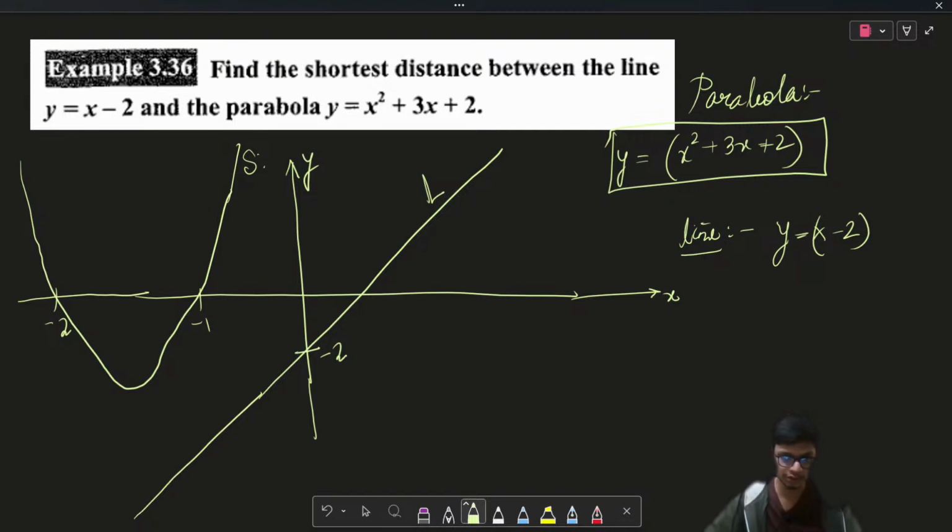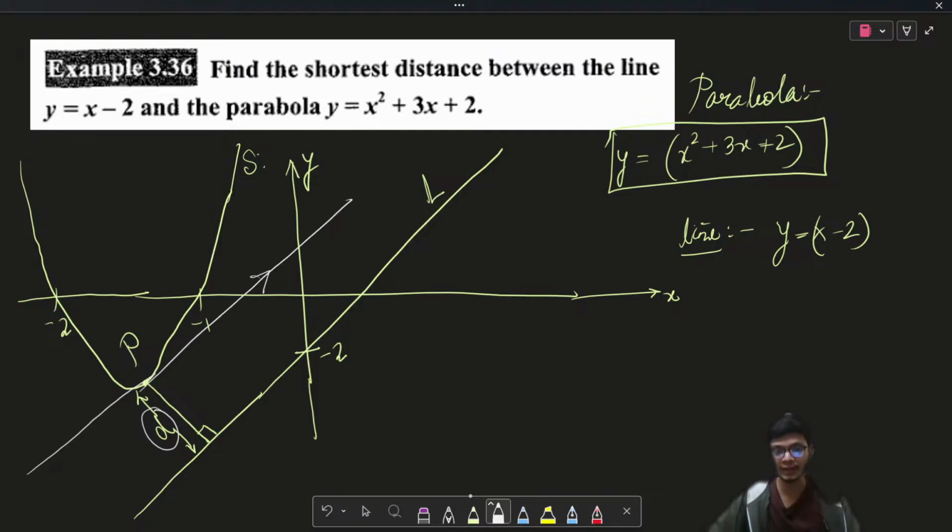So if I want to find the shortest distance, then it will be such that if I take any point P on the parabola and draw a perpendicular to this line, this particular distance has to be the minimum distance, right? So how do we ensure that this distance will be the minimum? The easiest way is to ensure that the tangent at this particular point P to the parabola is parallel to this particular line over here.